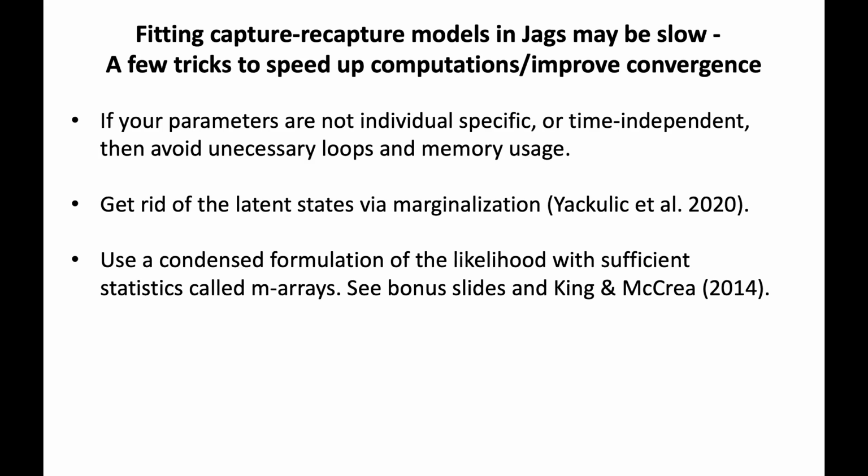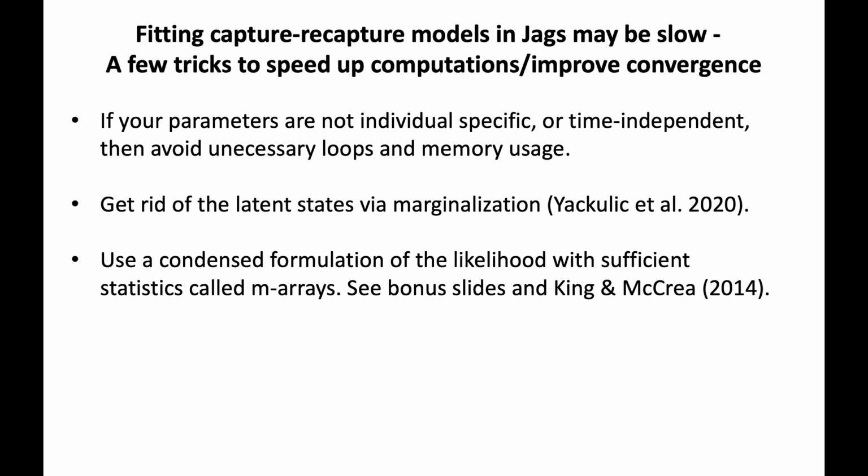Another thing I haven't had time to show you is to use, rather than sticking to the individual-based format of the data, so each row in my data set is an individual, a way to make the formulation denser, to have something of lower dimensions.